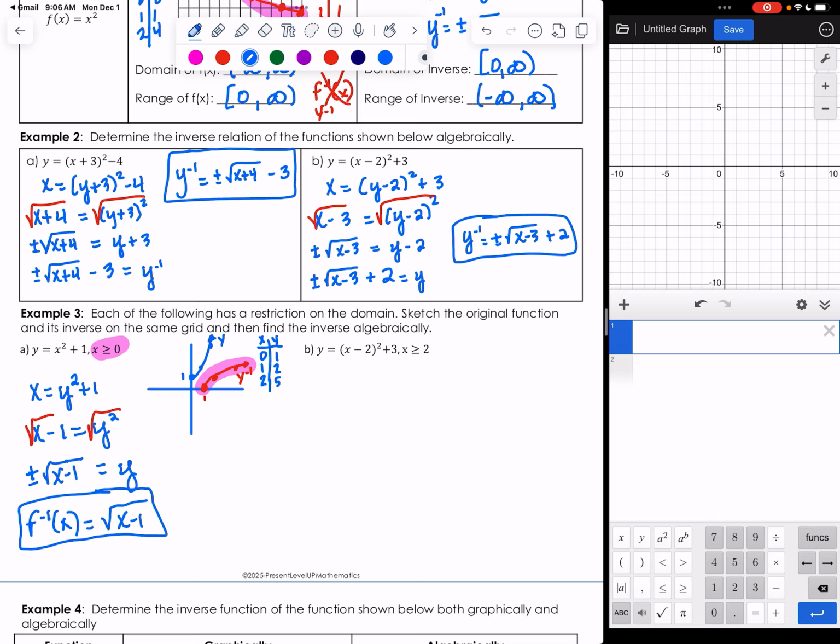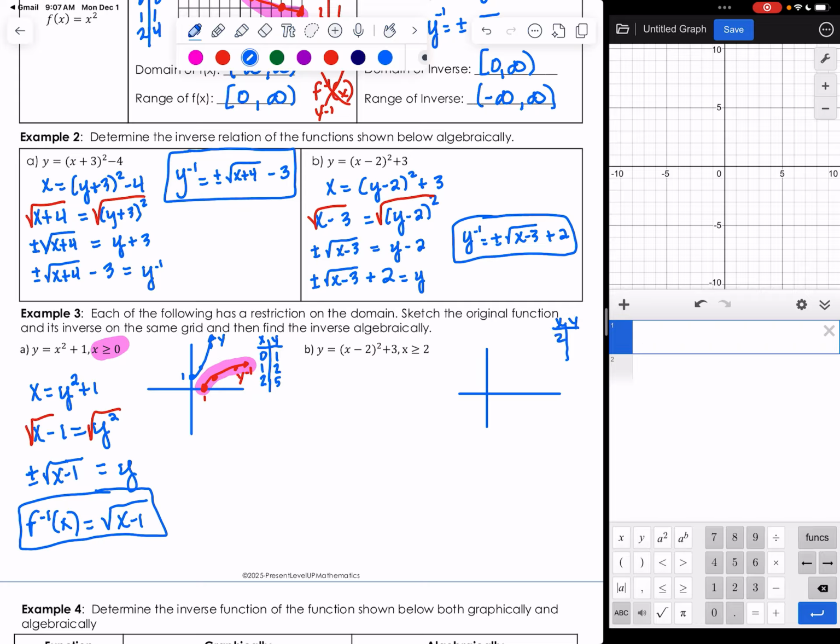We have y equals x minus 2 quantity squared plus 3, where x is only greater than or equal to 2. So that means if I were to make a little table here, x, y, x has to be greater than or equal to 2.